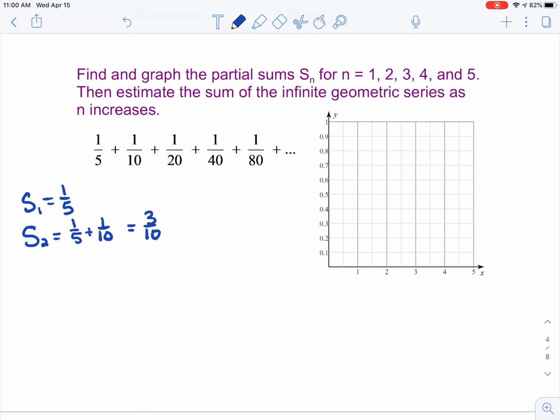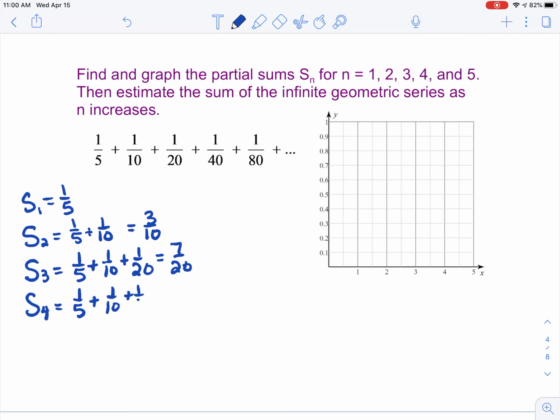And that's going to turn out to be 3/10. The sum of the first 3 is going to be 1/5 plus 1/10 plus 1/20, which is going to turn out to be 7/20.